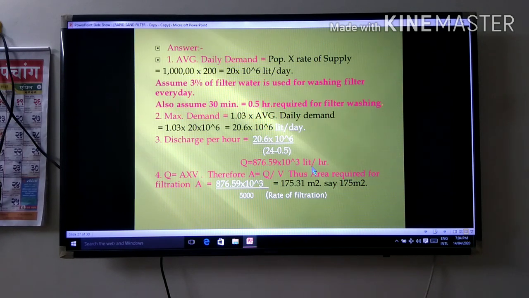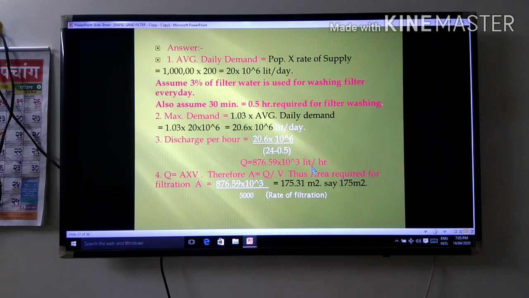Here we assume that 3% of filtered water is used for washing filter every day. Also, we assume 30 minutes, equal to 0.5 hour, is required for filter washing. You can assume it as per your requirement.